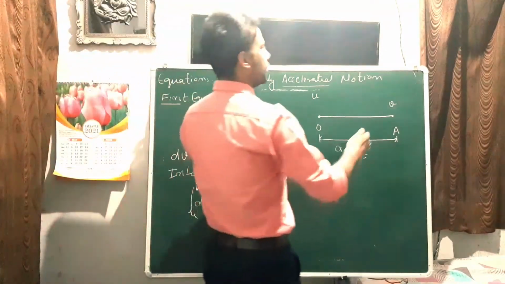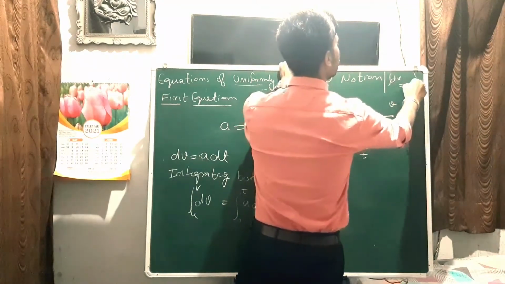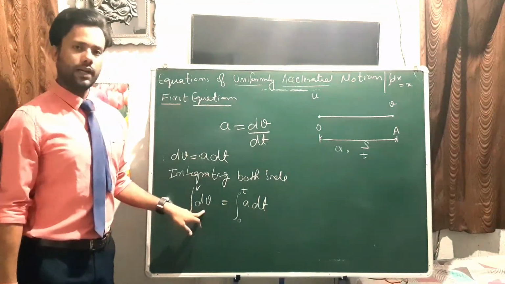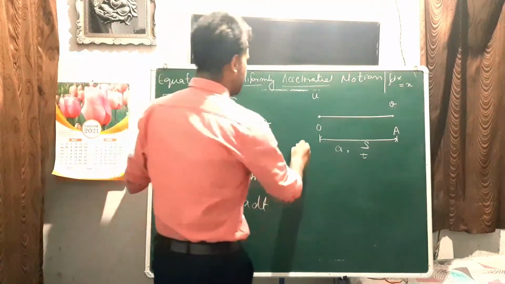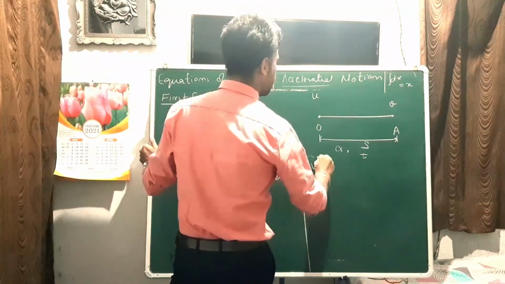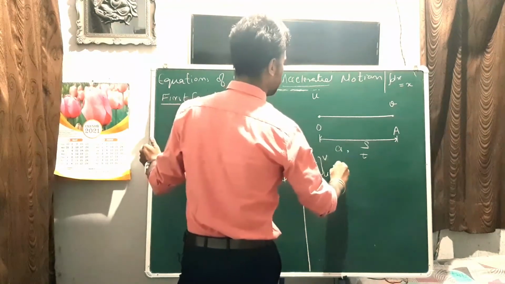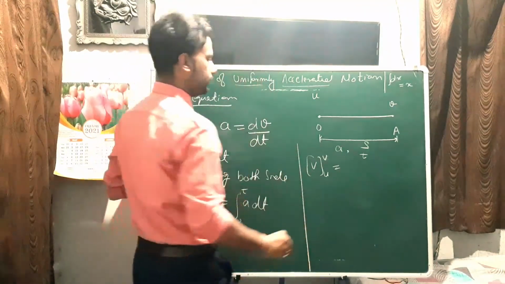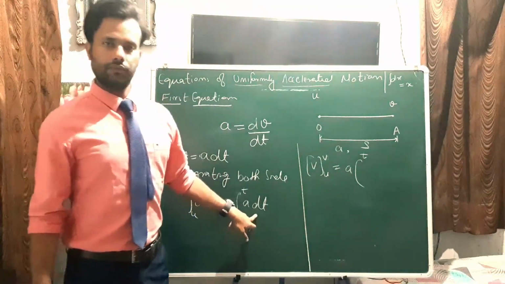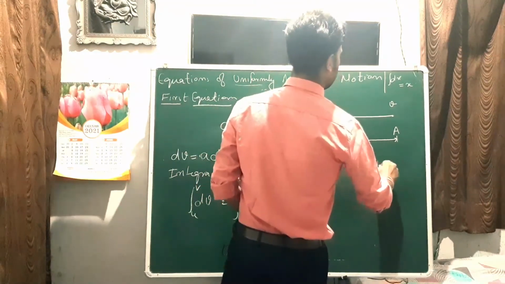Now, if you remember, if we integrate dx, we'll get x. So if we integrate dv, what will we get? We'll get v, with limits u to v. Here a is constant, and when we integrate dt, what will we get? We'll get t, with limits from 0 to t.